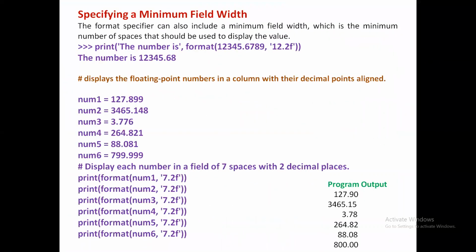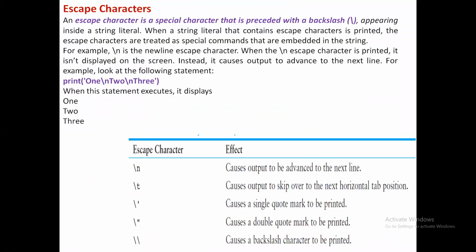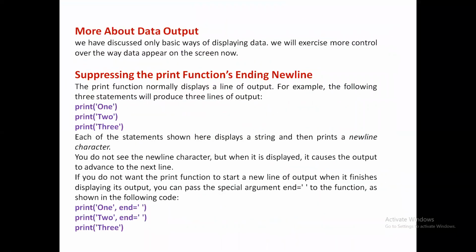So what we discussed today is we started with a simple introduction to the print function, suppression of the newline character at the end of print output. Okay, so we started with this, which is done with the help of the end equals parameter of the print function.